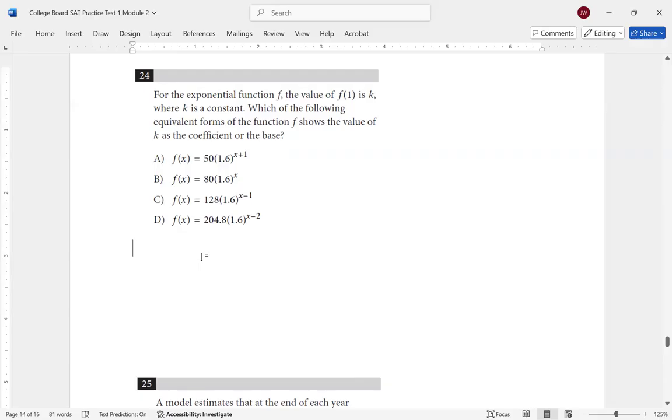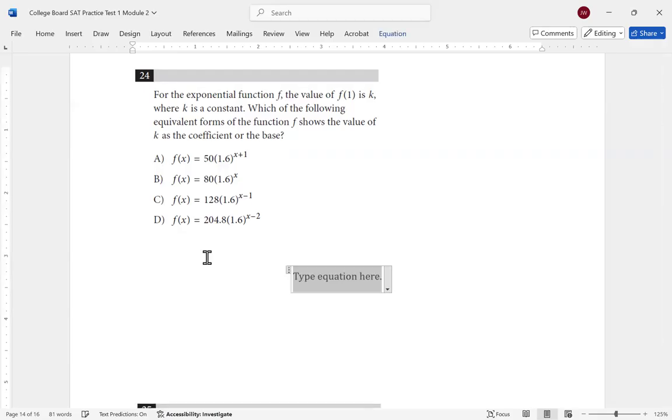This one's a little bit confusing linguistically, but it's just asking us to say, well, if I know that f of 1 is equal to k, where k is some constant number, how could I figure this out? So it's asking for a constant as either the coefficient or the base.